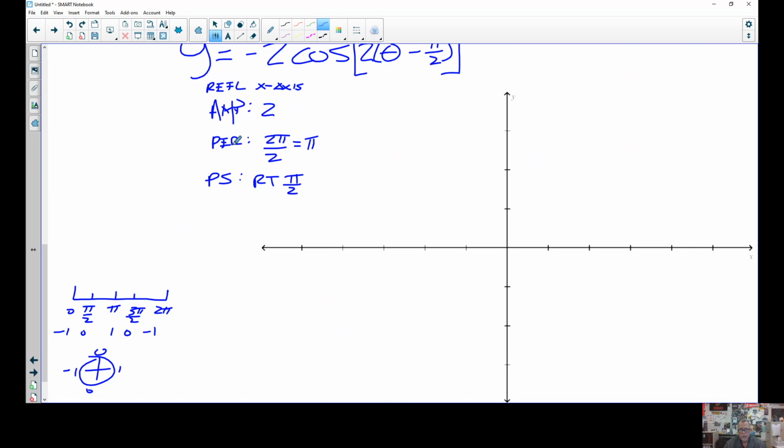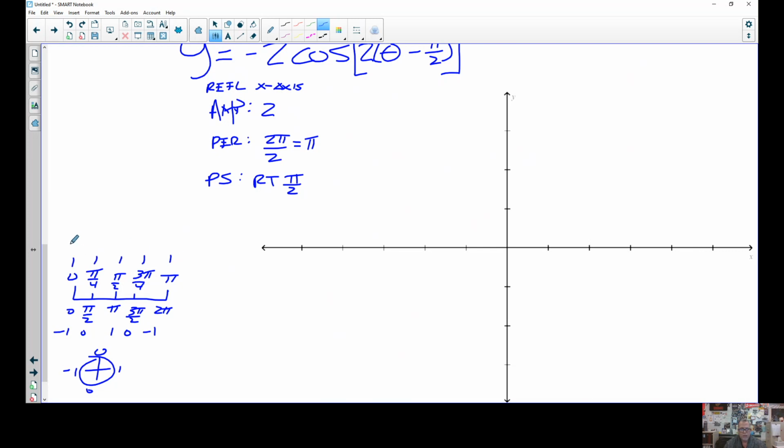We know we've got a period of pi now. So I'm going to go from 0 to pi. So that means if I wasn't shifting it, these would be my values, right? I have to break it into half of that, and then halfway between that, right? 0 to pi. Now, the problem is we also have a shift.